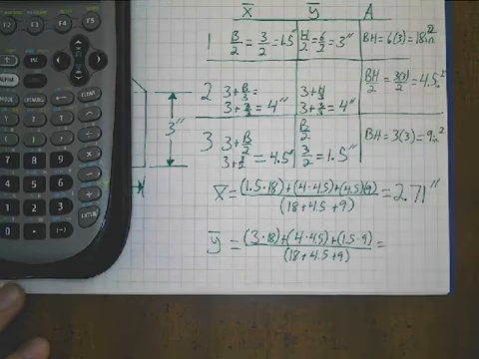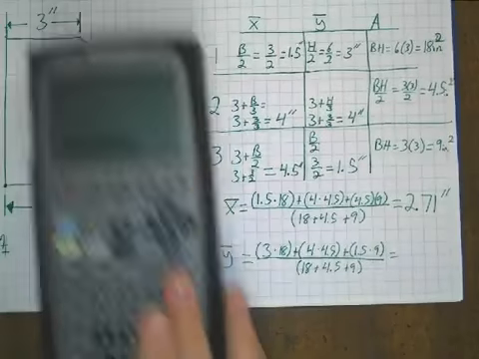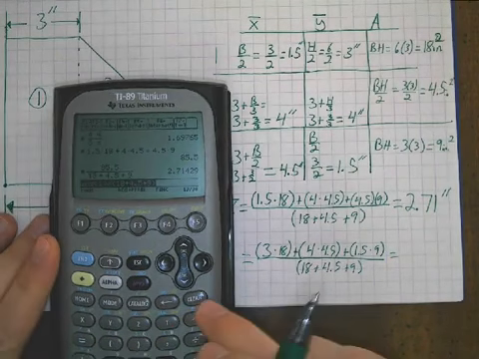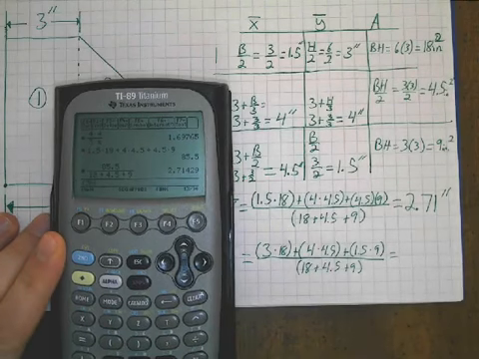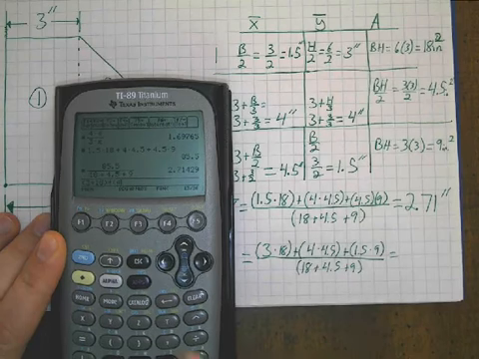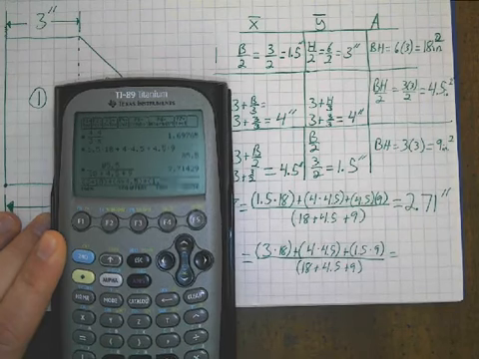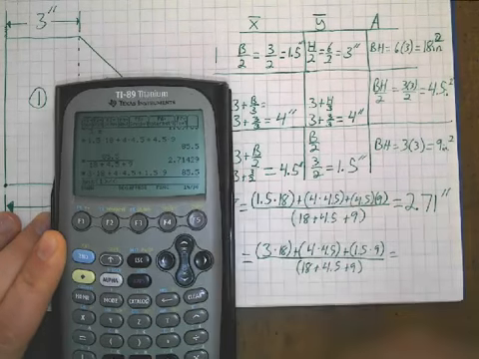And when I do all of that, if I use my calculator again, let's just show the work one more time. I do 3 times 18 plus 4 times 4.5 plus 1.5 times 9 equals, divided by, look at that, I get 85.5 again.